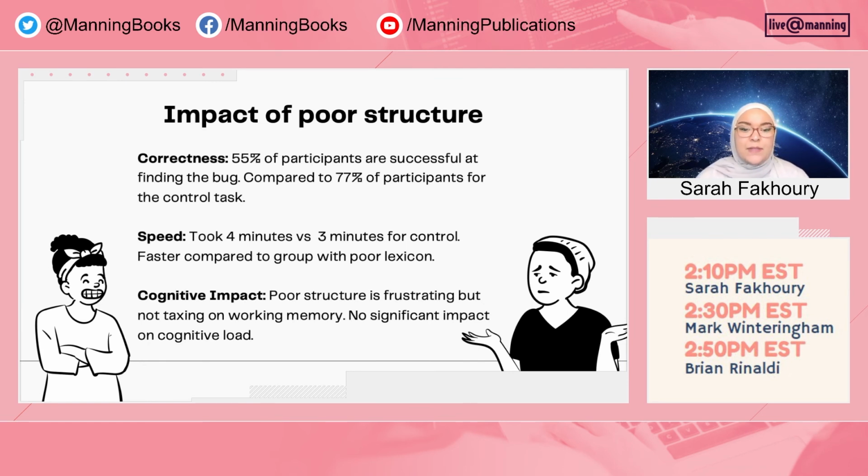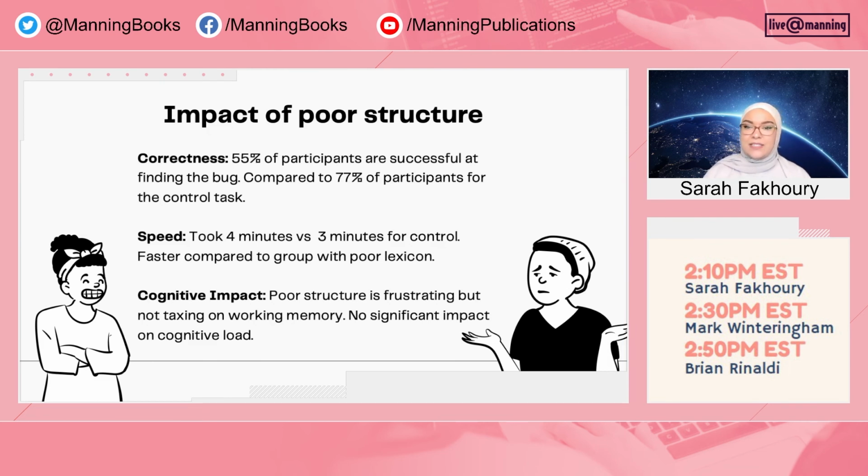And participants were very frustrated when reading poorly formatted code with poor structure, and they were talking about it a lot too, right? They were like, oh, this code is terrible, I don't even want to read it, right? But what's interesting is that even though they were frustrated, it wasn't taxing on their working memory from what we measured, right?